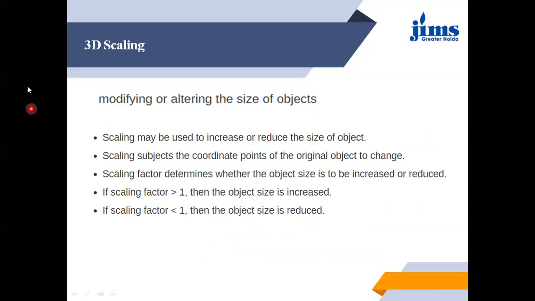As we have seen in 2D, when we have a point or an object, and we have to perform scaling on it, the size of the object is going to be modified.